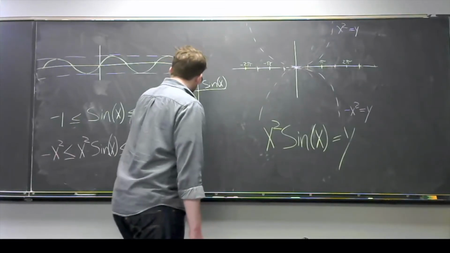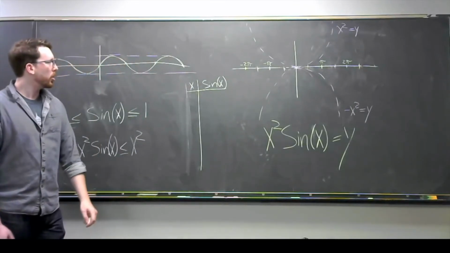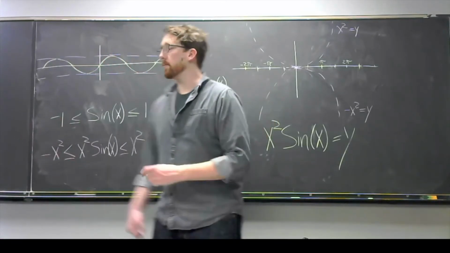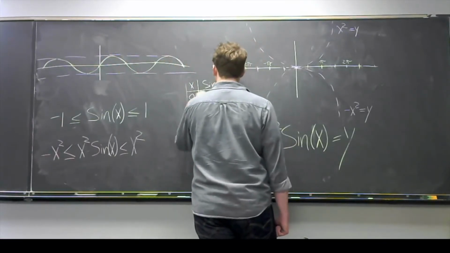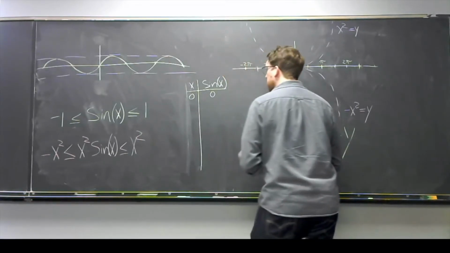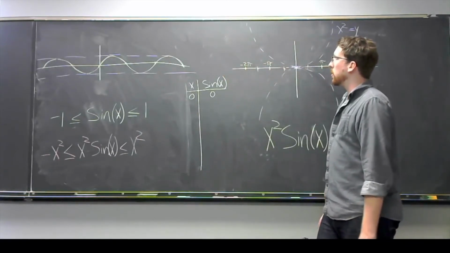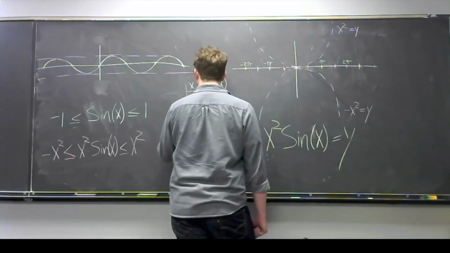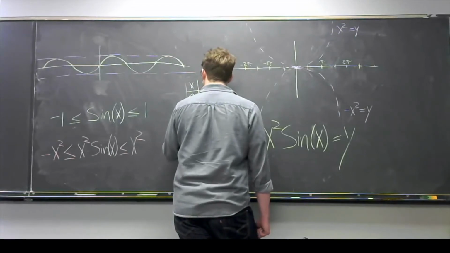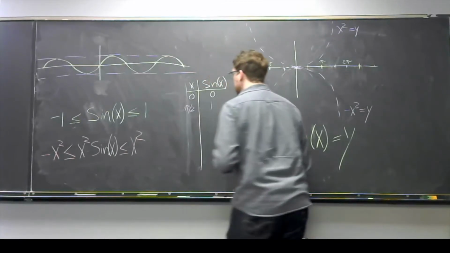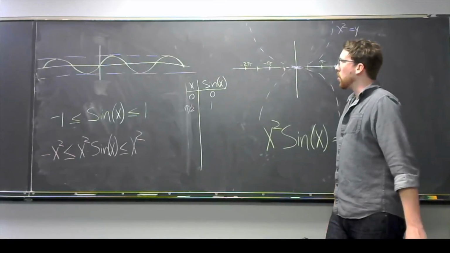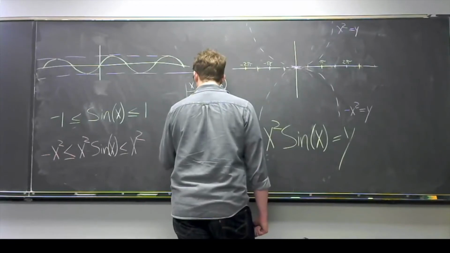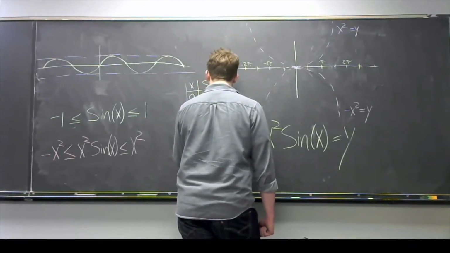When x is equal to 0, sine is equal to 0. 0, 0. When x is equal to pi over 2, sine is equal to 1. Pi over 2, 1. When x is equal to pi, sine is equal to 0. Pi, 0.